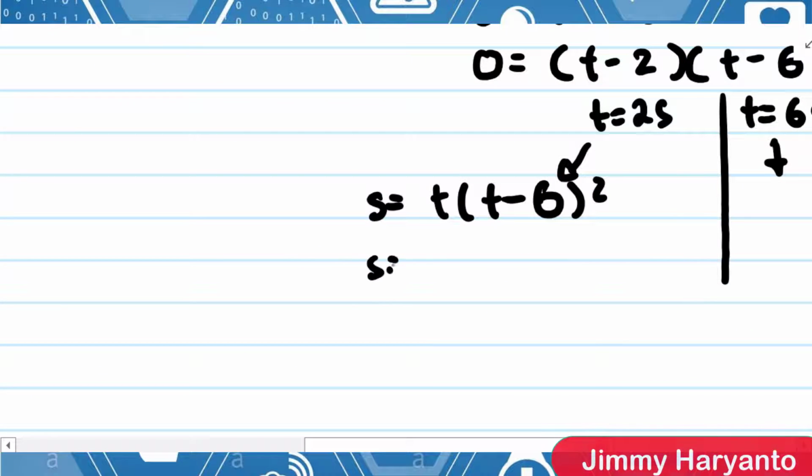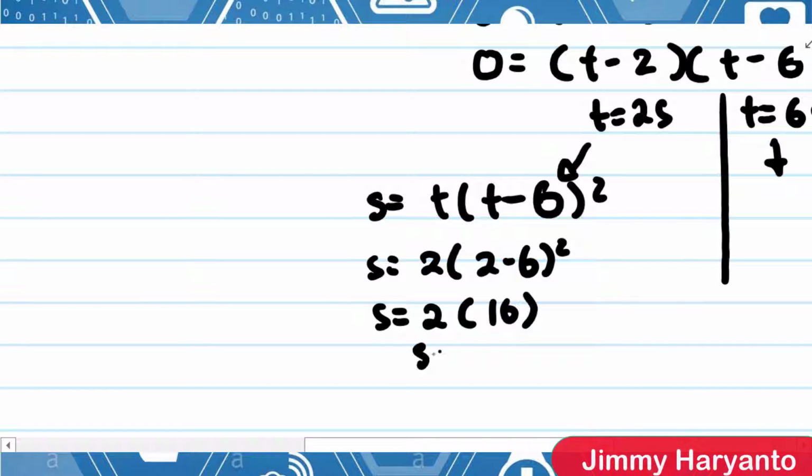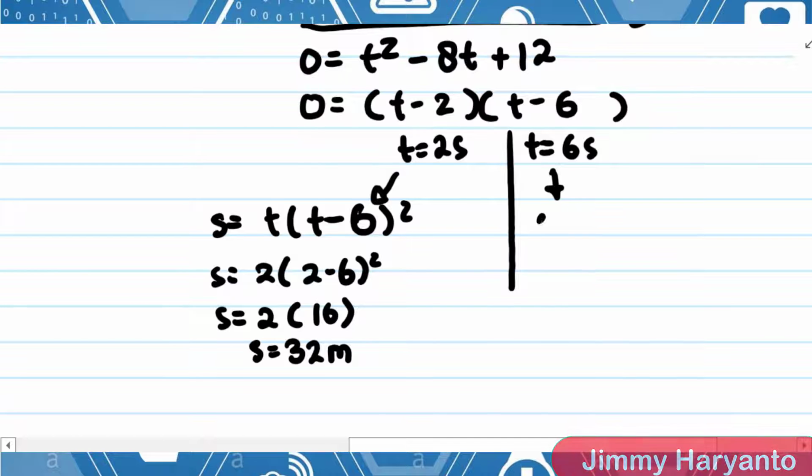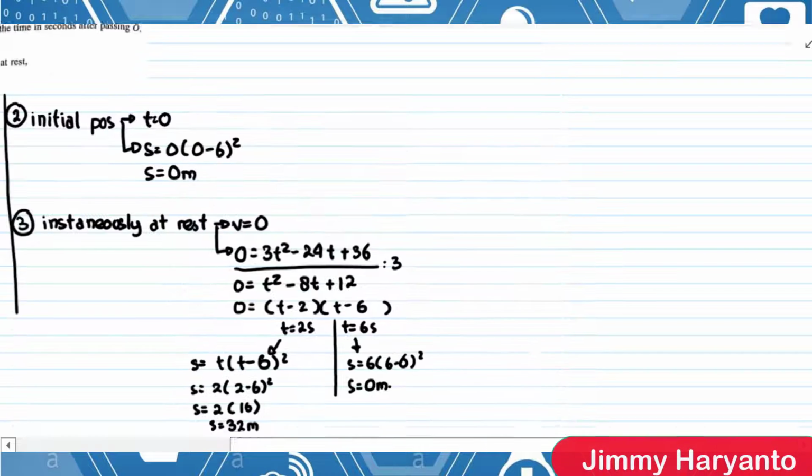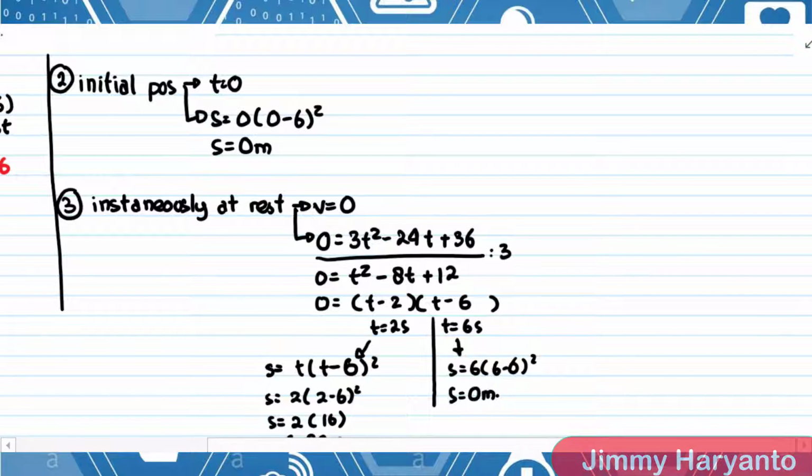Okay, so s will be 2 times (2 minus 6) squared, and the result will be 16, so s equals 32 meters. And then for that one you will have s equals 6 times (6 minus 6) squared, so s will be 0 meters. Okay, so that is the preparation for number 3.